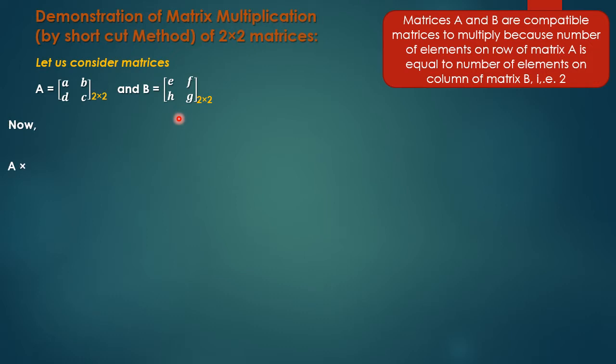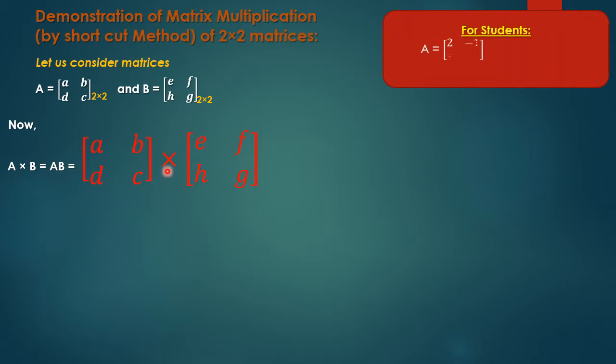Now A cross B, let's start our multiplication, is equal to AB, and you can see the matrix with elements A, B, C, D and E, F, G. Now, what will be the order of the new matrix AB which is formed? For the student, there is a matrix with numbers as components.